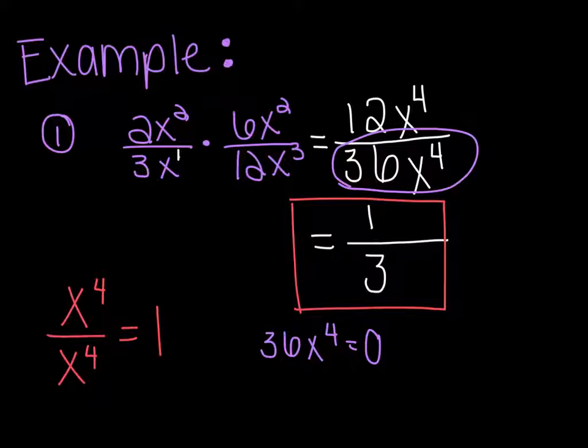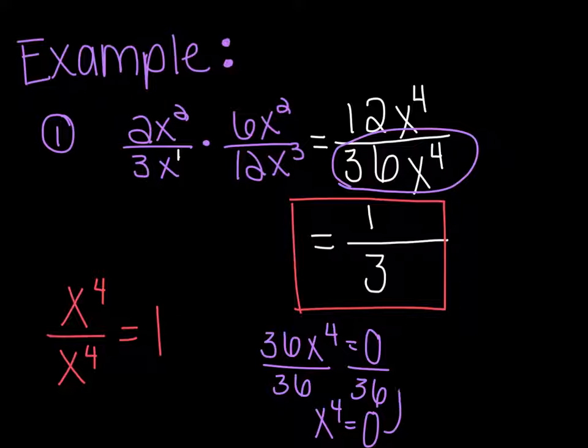You divide both sides by 36. Some of you may already see the answer. When you have x to the 4th equals 0, you'd actually take the 4th root, I guess you'd say, and you're going to end up with x equaling 0. So your excluded value is 0.